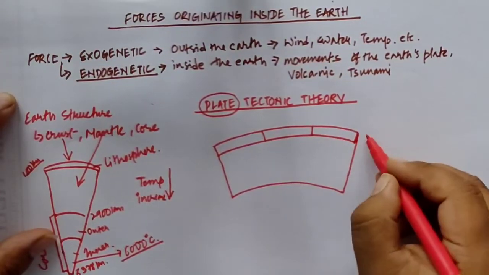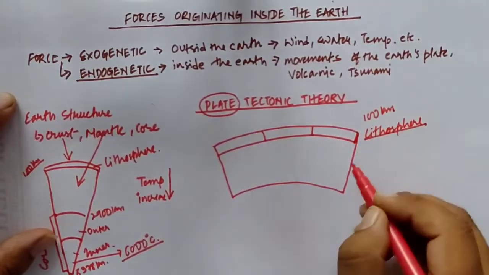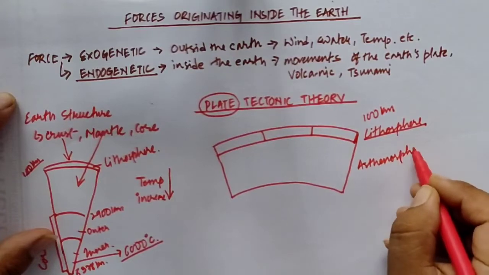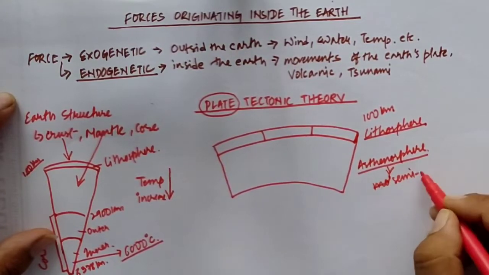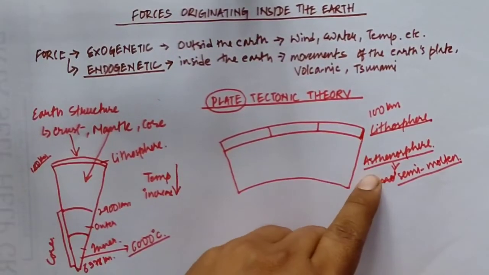Those plates consist of the outer crust, that is the lithosphere, which is up to a depth of 100 kilometers, and the lithosphere is floating over the upper mantle, which is known as the asthenosphere, and which is present in a semi molten form.